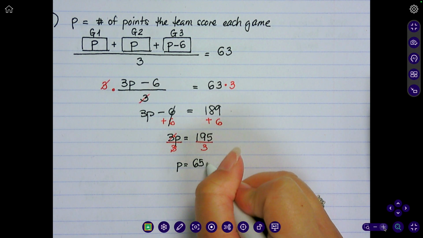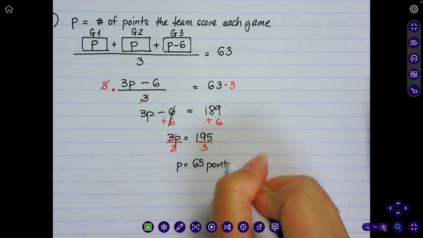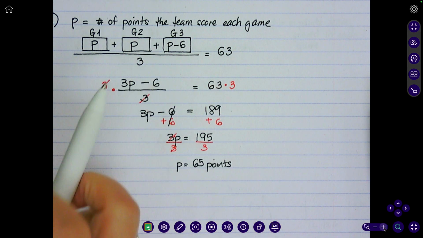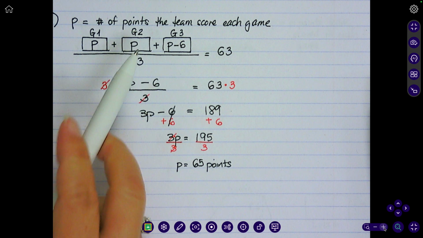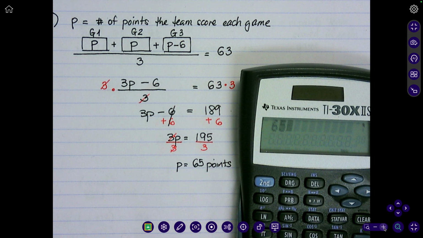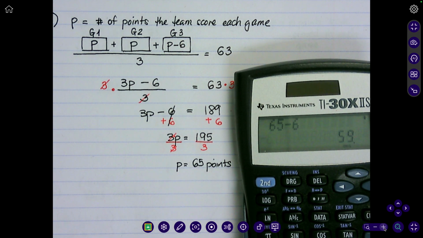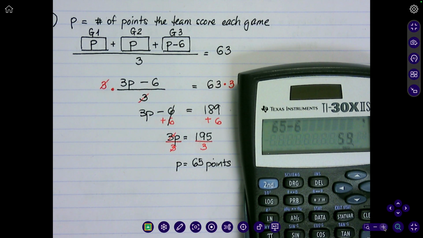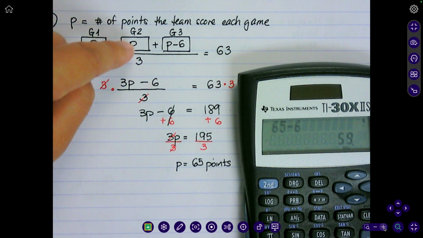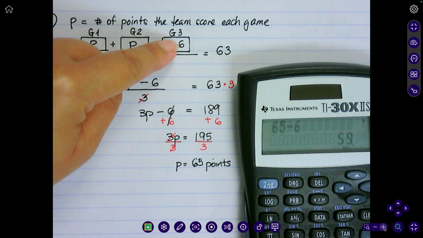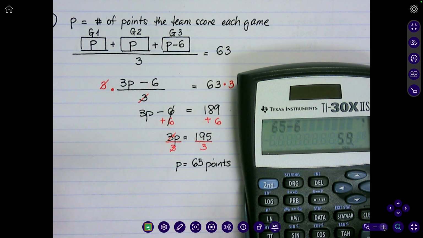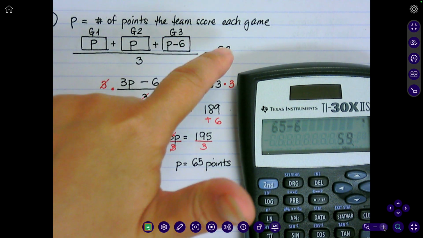So that means game 1 is going to be 65 points. Game 2 is 65 points. And then game 3, if I take 65 and I minus 6, that's 59 points. So 65, 65, 59. Now, if we do it right, when we do the average, we should get 63.